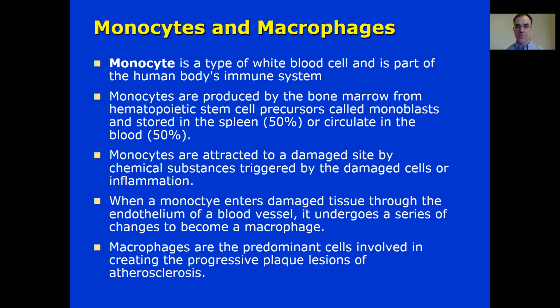So when you have damage to the endothelial layer of the coronary arteries, monocytes are triggered to go there to help remove that LDL. The problem is when you have too much LDL, too many monocytes are attracted to the coronary artery. They're changed into macrophages, and that is a precursor to plaque buildup. And that's what we're going to be talking about going forward, is how that plaque builds up.